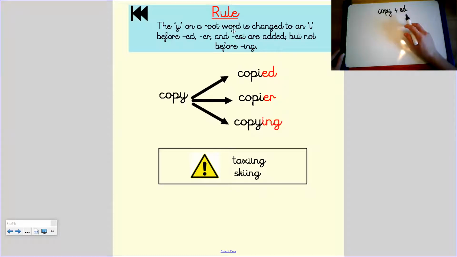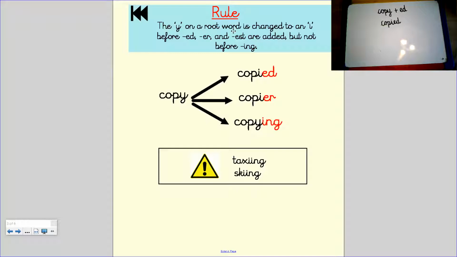Now I know that if I'm adding ed, I need to change the y in my root word to an I before adding the suffix. So to spell copied, starting to write my root word, my y needs to change to an I before adding my suffix ed. Okay, so that is the correct spelling for copied.